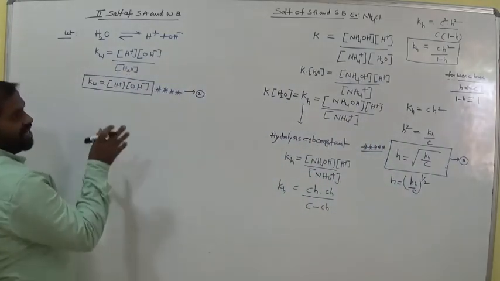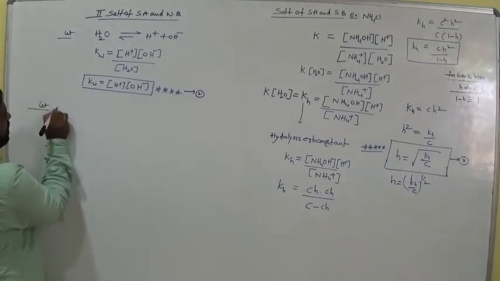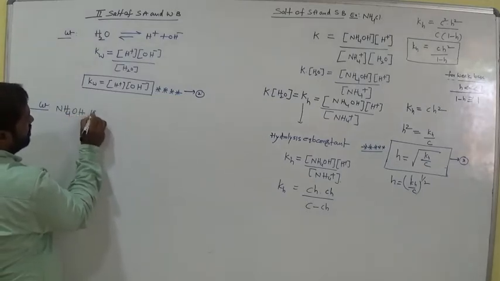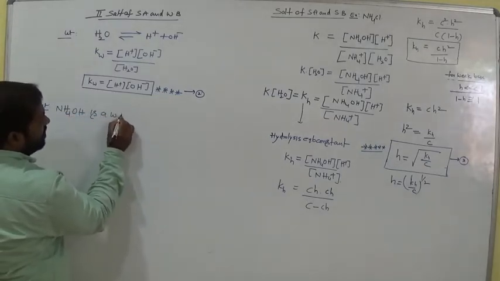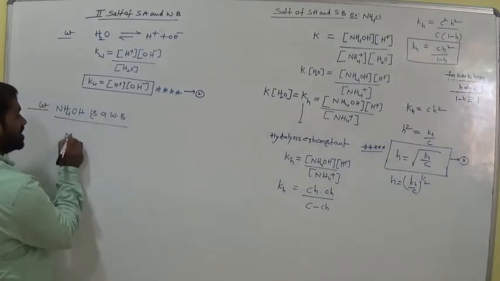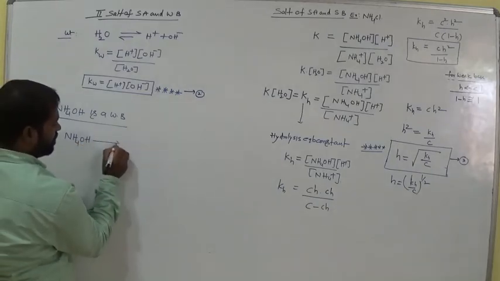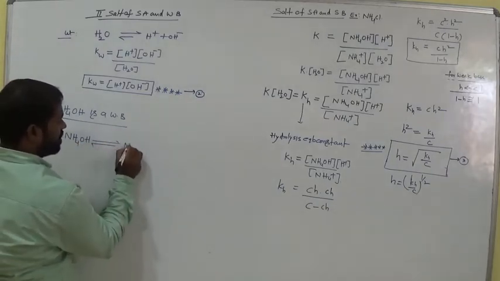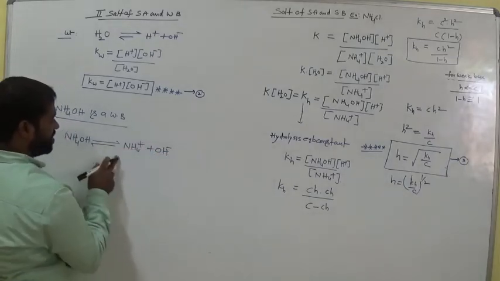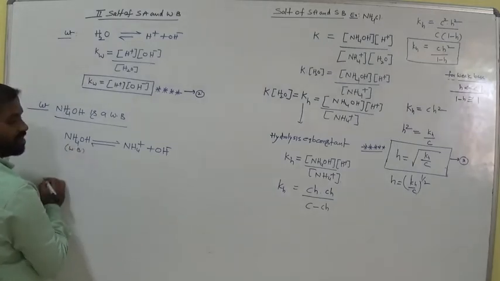Next, we have a weak base. Let NH4OH be a weak base, am I right? Now how is it ionized? It gives NH4 plus and OH minus in equilibrium, because it is a weak base.